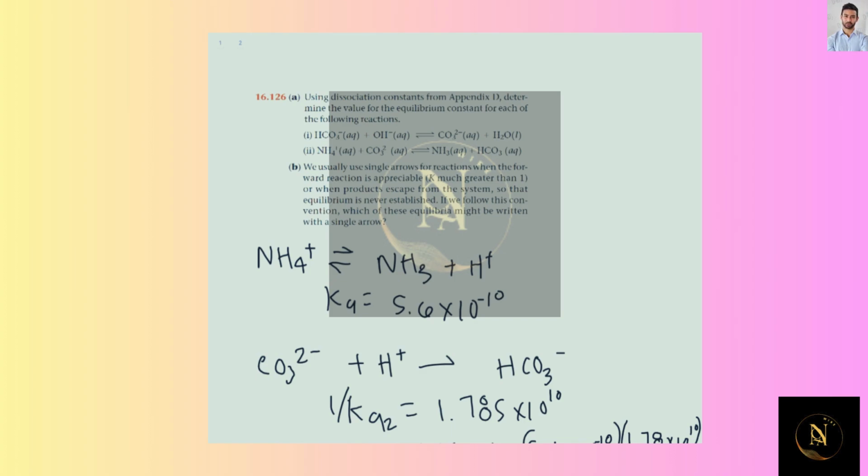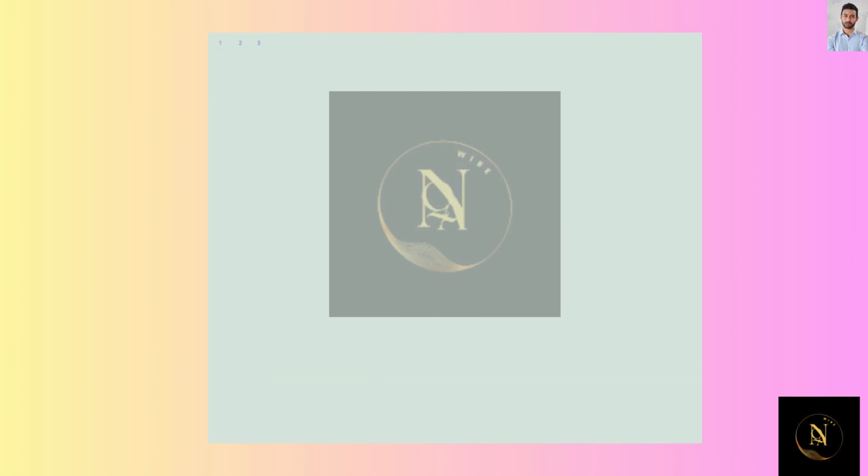So for each of these reactions, we had a K equilibrium of 5.6 times 10 to the third and a K equilibrium of 10. It asks us, we usually use a single forward arrow for a reaction when K is greater than 1, because the products escape from the system, so an equilibrium is never established.